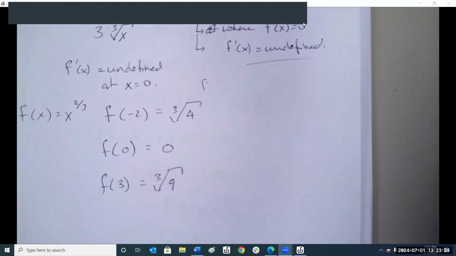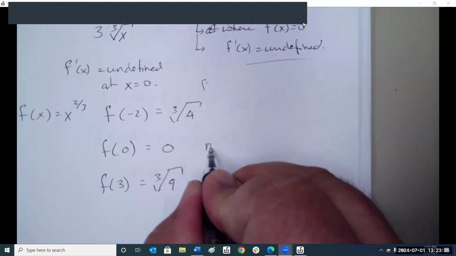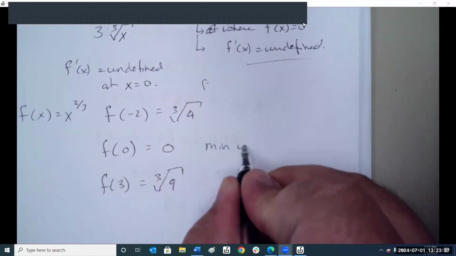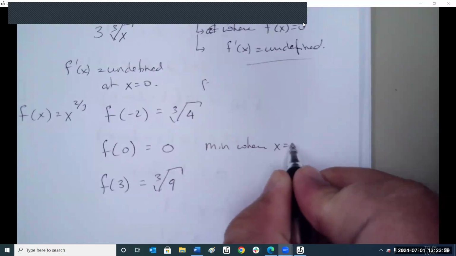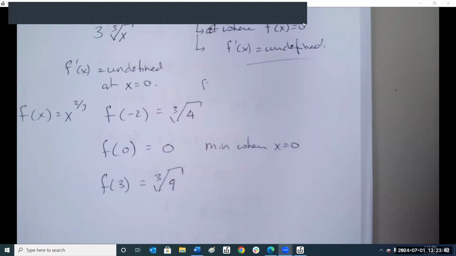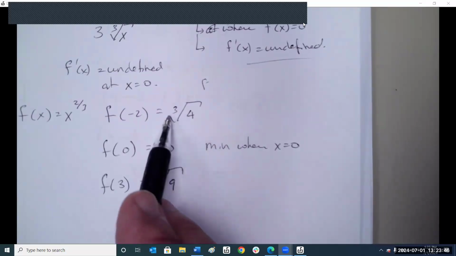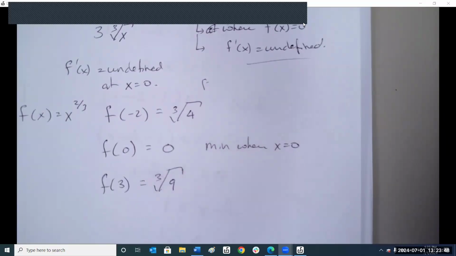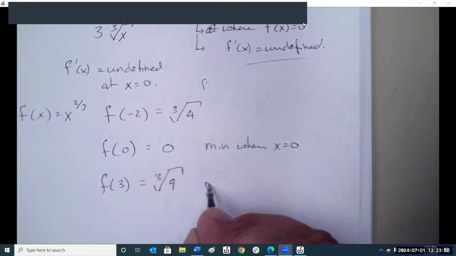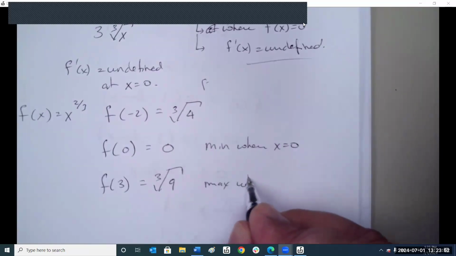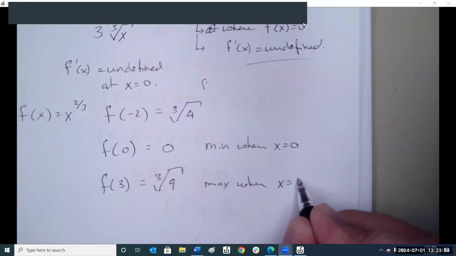So where's the max, where's the min? 0 is going to be the min, when x equals 0. How about the max? Which one is bigger, cube root of 4 or cube root of 9? Max when x equals 3.